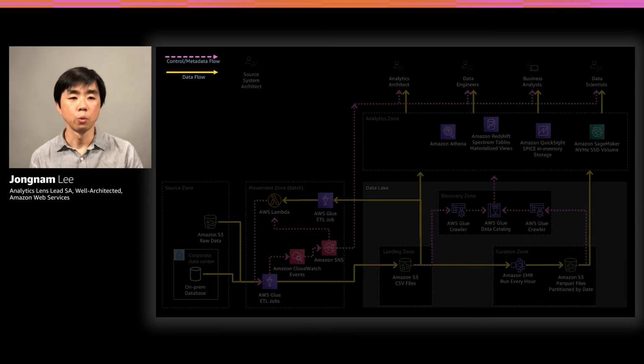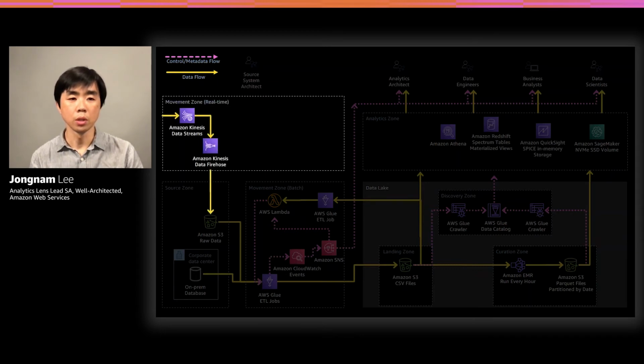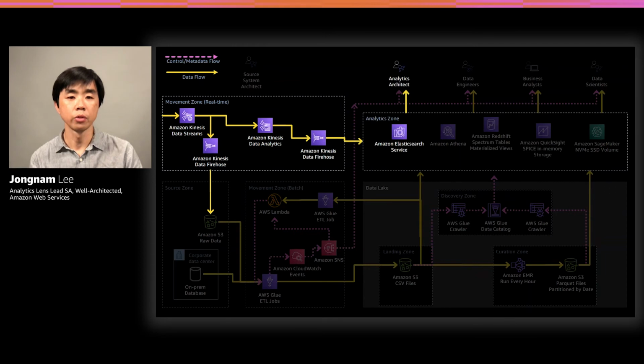So what we want to do is introduce a brand new movement zone, which will be processing the incoming data set in real time using Kinesis, pumping it into a source zone so that the existing batch processors can do the job. Amazon Kinesis takes the data, and then moves it into Elasticsearch Service for real-time processing, operational processing.